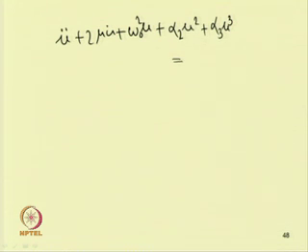We can take the forcing term of different order. Let us take it of the order of epsilon square, f cos omega t. Let me take the damping of the order of epsilon square, the quadratic nonlinearity of the order of epsilon, and the cubic nonlinearity of the order of epsilon square.